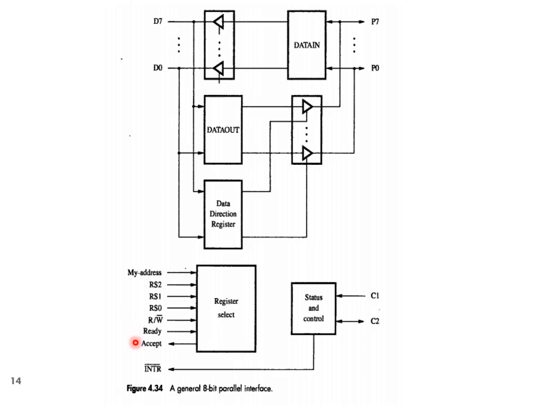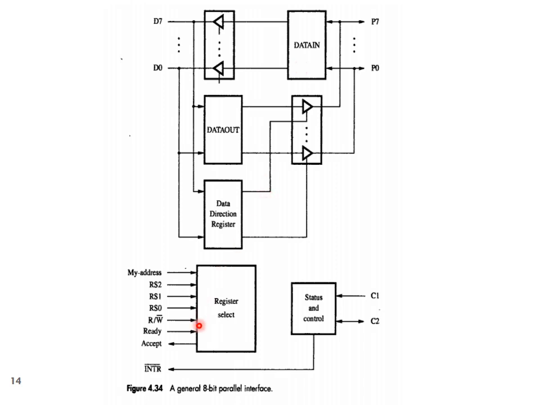And this ready and accept signals indicate the master ready signal and the slave ready signal. And here we have RS0, RS1 and RS2, which indicate the A0, A1 and A2 lines of the address line of the processor, which can be used to select the working of these various components, that is whether I want to read the status bits or whether I want to write from a data out register or whether I want to read from a data in register.